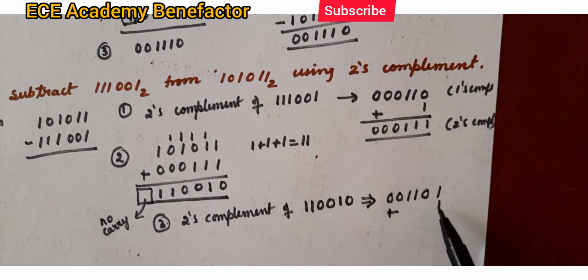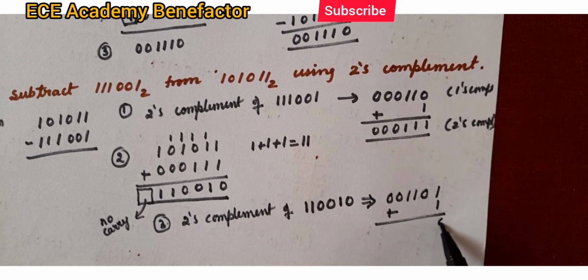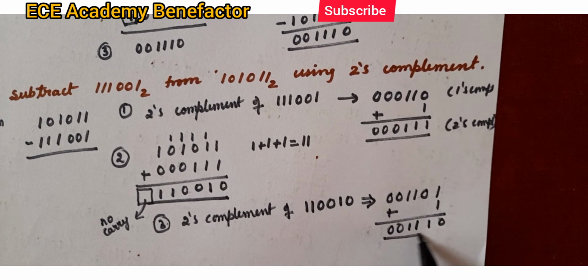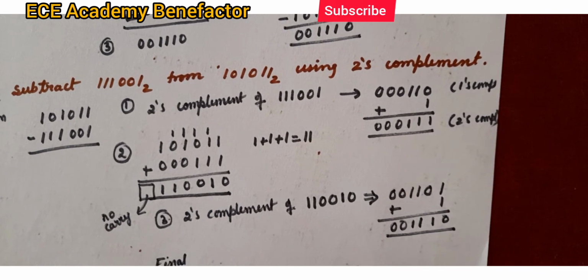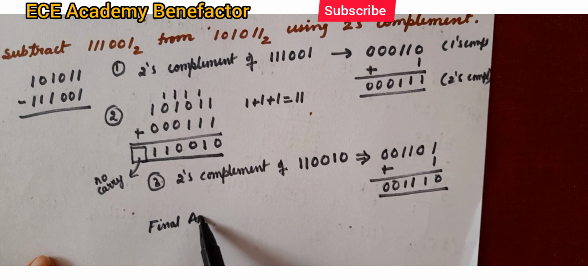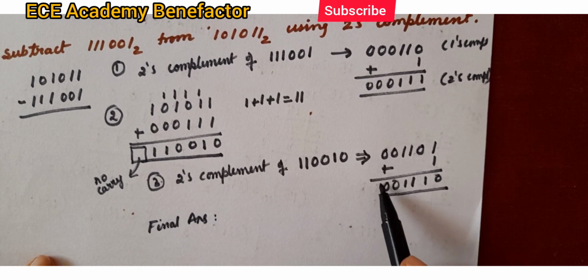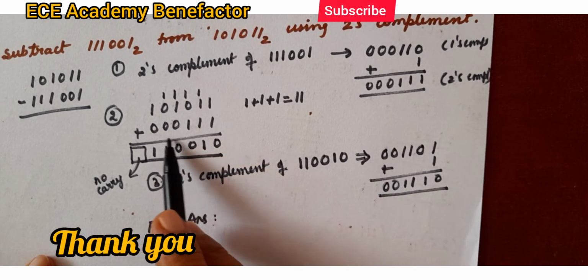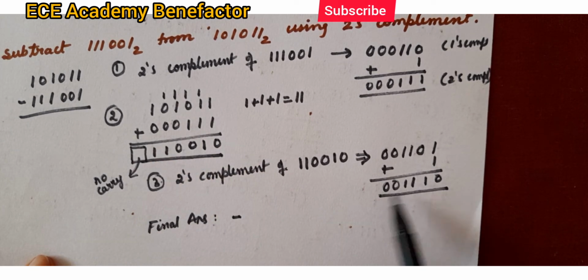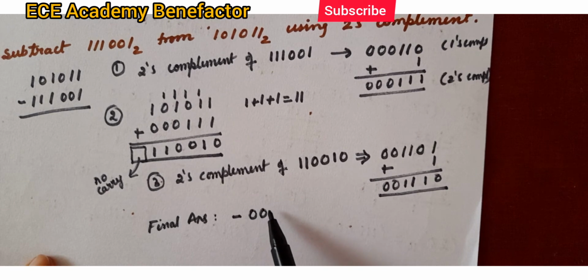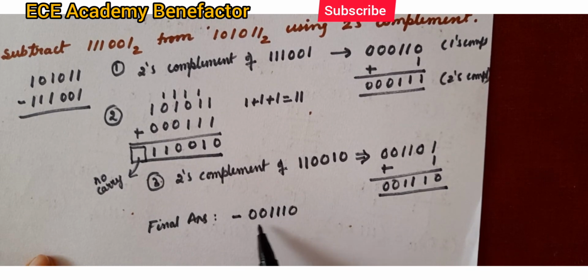Add 1 to it. 1 plus 1 is 0, 1 1 1 0 0 1 1 1 0. So the final answer is that after taking the 2's complement of the result, put a minus sign, that is minus 001110. This is the final answer.